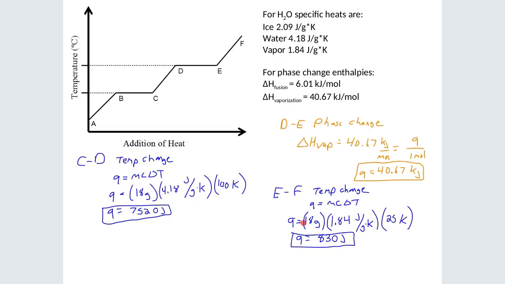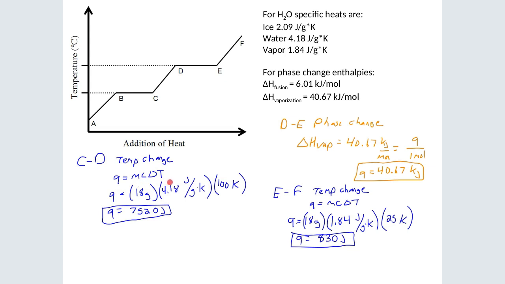All right, so let's look at our segments here. Segment C to D, we have a temperature change. I notice that I'm going from left to right, so I'm adding heat, but I'm also going up on the y-axis. So we're going to use Q equals mc delta T. The mass of the H2O is still 18 grams.